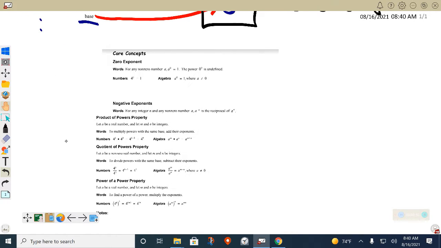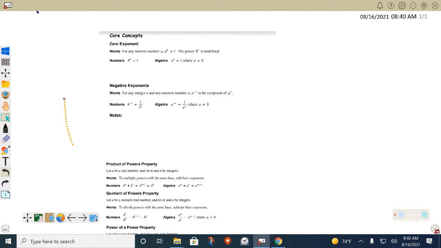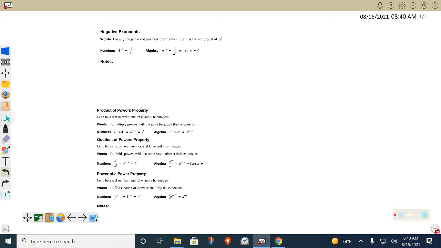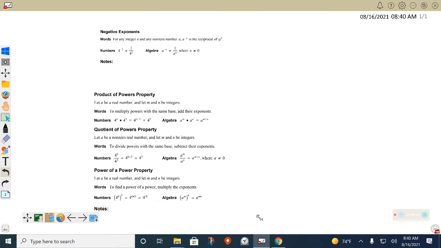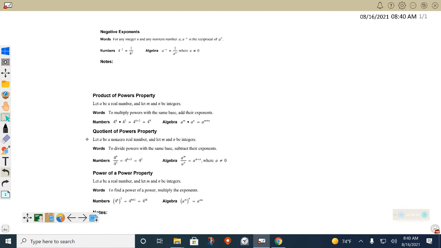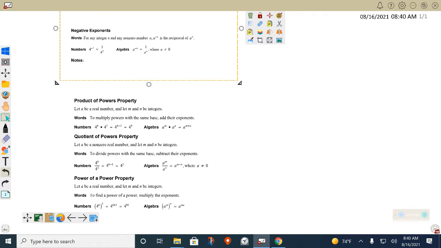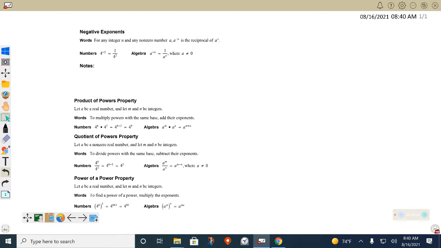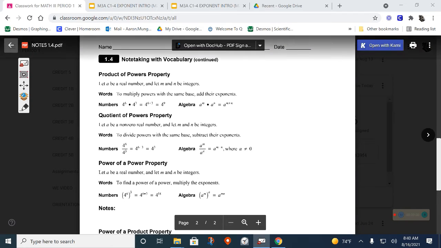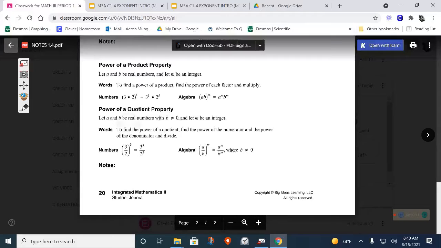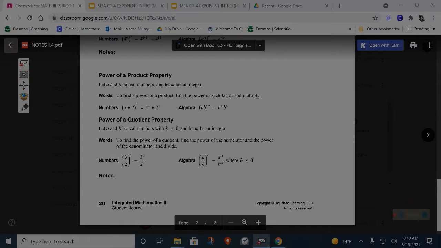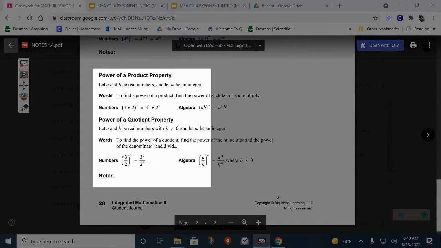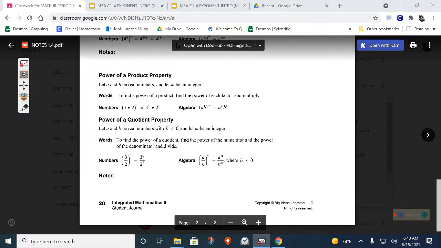Gotta get used to this board, because during COVID, the whole year of COVID, I kind of forgot all my skills a little bit. I was working from home and I don't have my ViewSonic board at home. So I'm a little rusty, so I plead for your patience. Last but not least, there we are. The last two. Okay, beautiful.